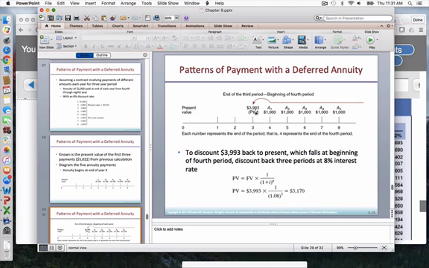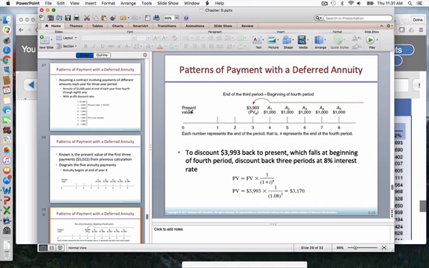So now one more step: we are going to discount this amount that we just calculated back 3 periods. And that's going to be using Appendix B this time, present value of one sum. We discounted back 3 periods.